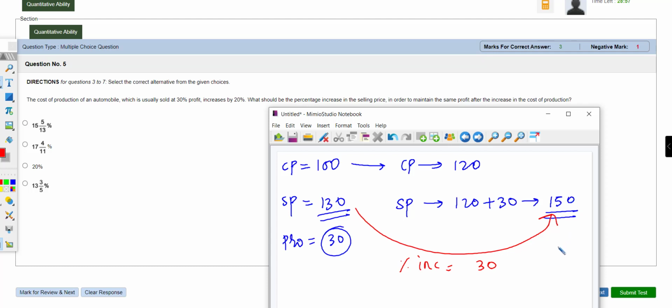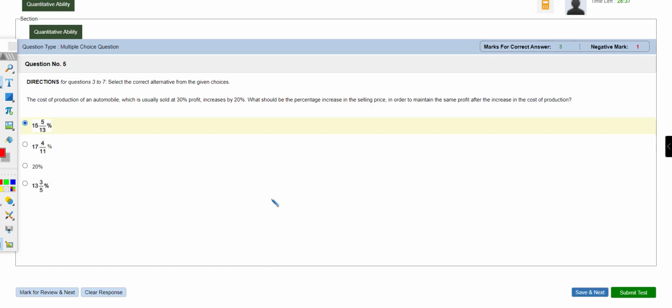Hold on, 20 is the increase on 130 into 100. So our answer is going to be 200 divided by 13%. Divided by 13 appears in only one option, so we can mark it without calculation. So let's mark option number first and let's move ahead.